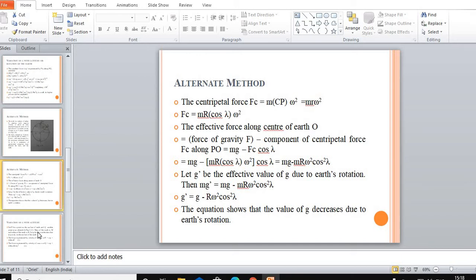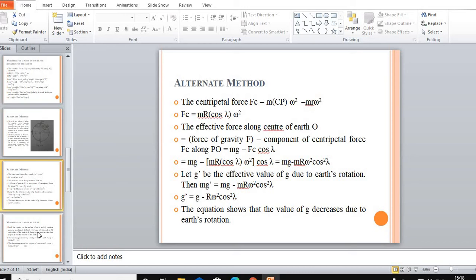The effective force along the center of Earth O is equal to force of gravity F minus the component of centripetal force Fc along PO, that is mg minus Fc cos lambda. Substituting the value of Fc, we get mg minus m R omega squared cos lambda into cos lambda, that is equal to mg minus m R omega squared cos squared lambda.